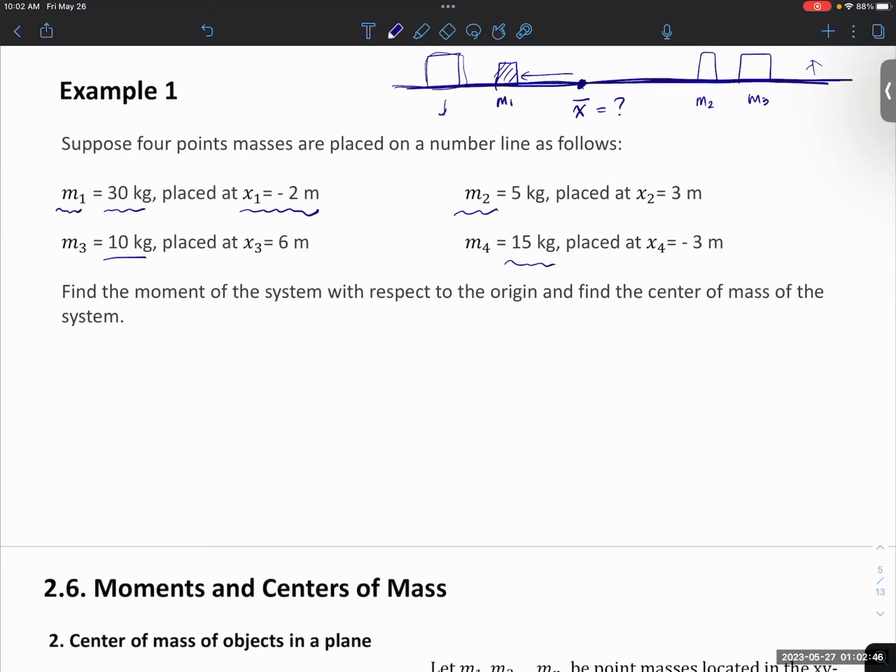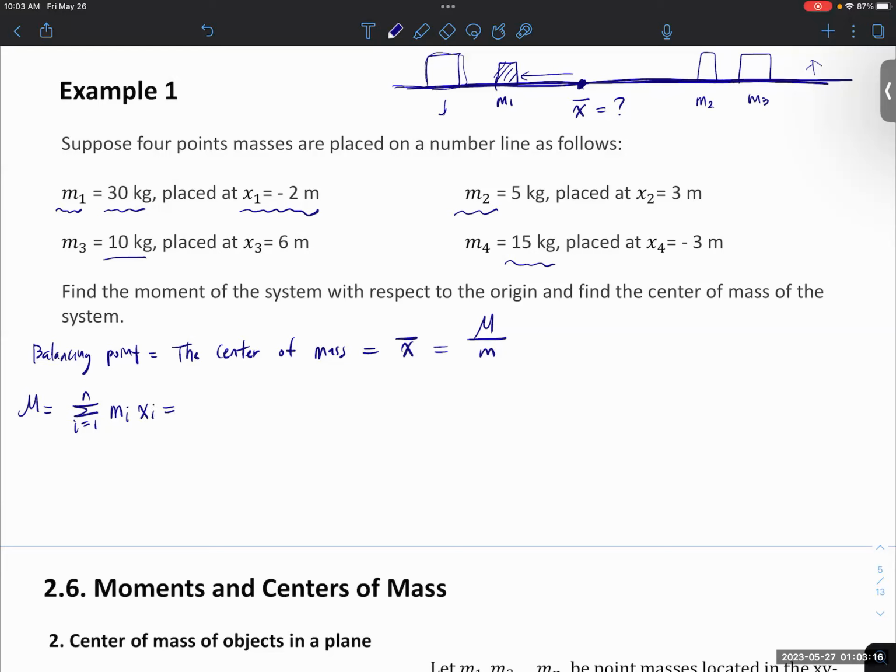We call the balancing point, or the center of mass, that's the same language. Mathematically, that's X bar. We are trying to find X bar, that is capital M divided by little m. Capital M is found by the summation from 1 of mass times its position.